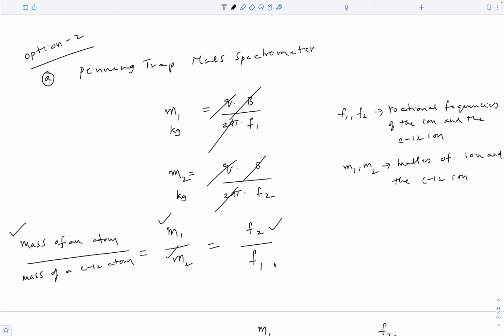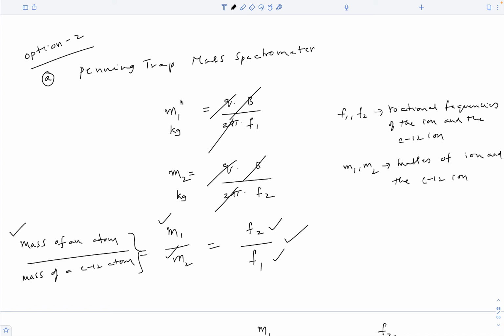And I can measure F2 and F1 with tremendous accuracy. Therefore, I can determine this ratio very accurately. So, I am not saying that I will determine the value of M1 in kilograms and M2 in kilograms separately using the strength of the magnetic field and then divide one by the other. Then it will not be accurate.